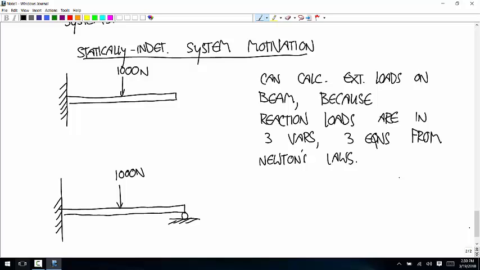But now we have a system that we can't solve using statics. Because we have 3 variables here, 2 forces and a couple, and we have a force here, and there's no way to know through statics how much of the force is taken up by this and how much of that vertical force is taken up at the wall. There's no way to do it. It's simply a matter of having 3 equations for 4 variables. It's not something that takes experience or whatever.